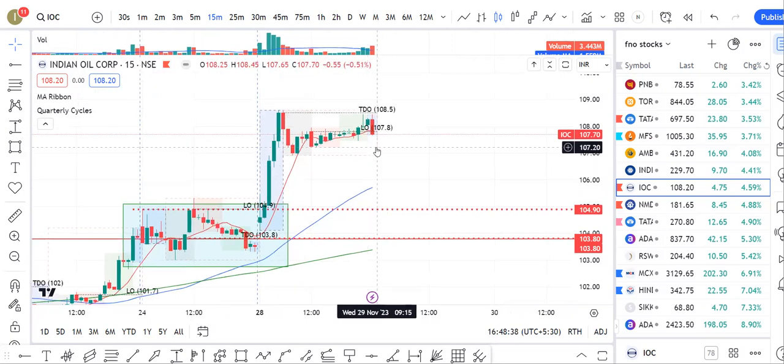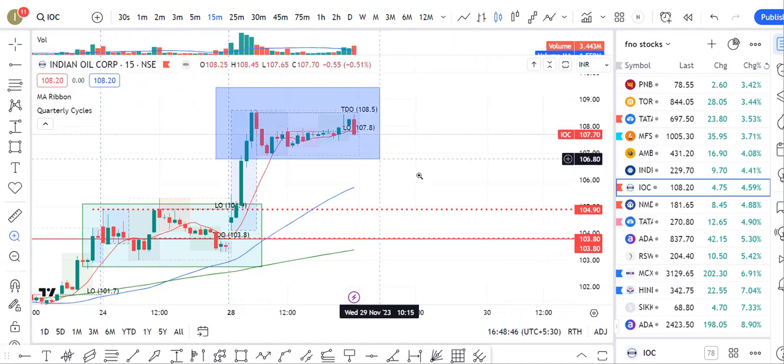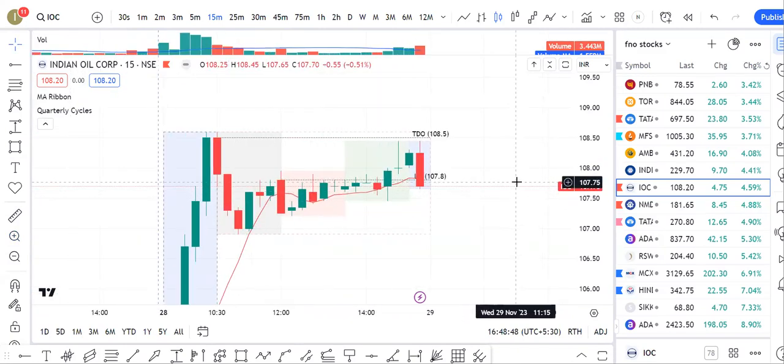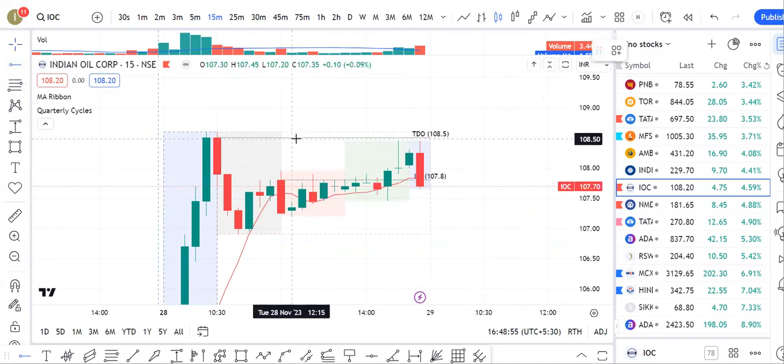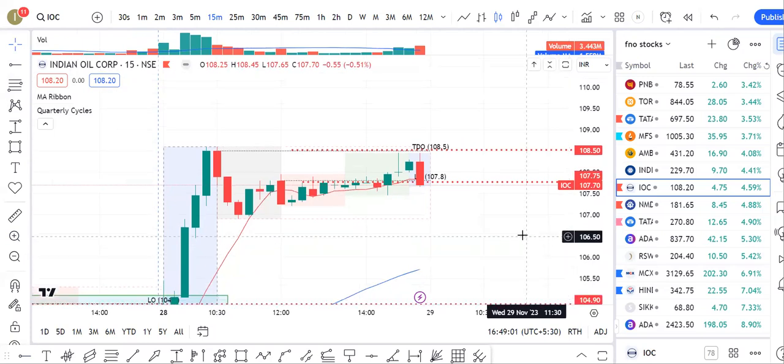See, even on the intraday, it did not come down to the open. This is the open actually. On the second day, this is the open and this is the low. So it has closed below the 107.8.